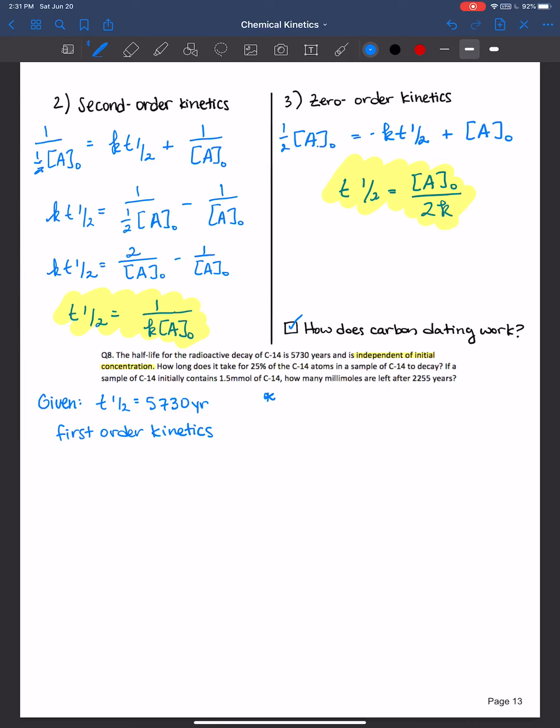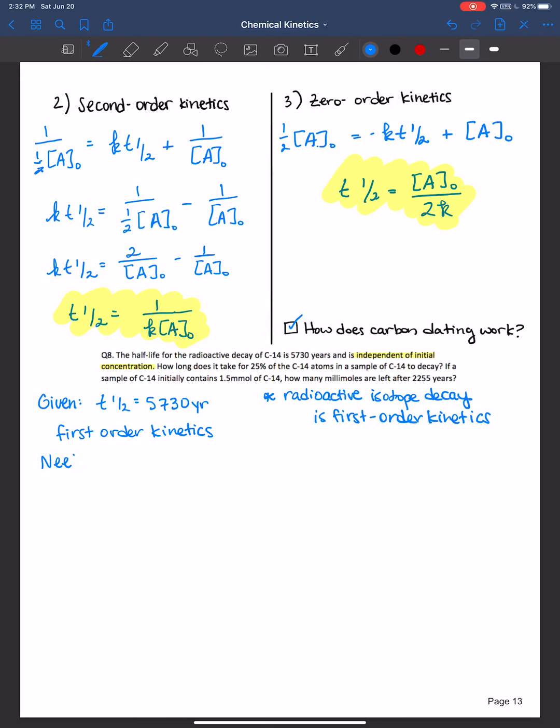So something else to note is that radioactive isotope decay is first order kinetics. So just really good clue there. So we'll have to use that integrated rate law. Now I'm only going to focus on the first question just right now.